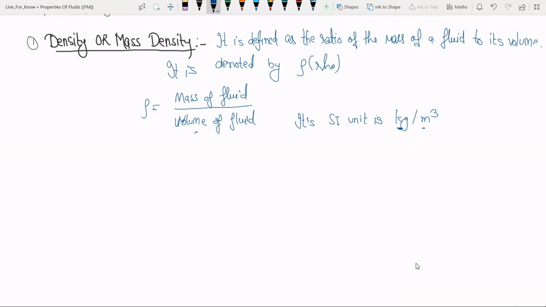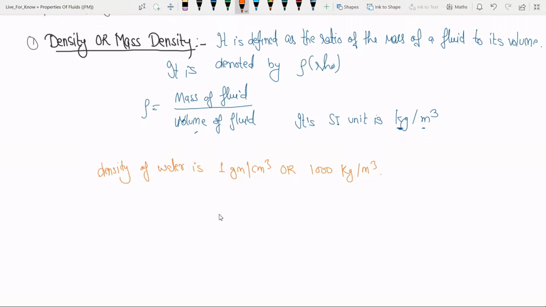The density of water is 1 gram per centimeter cube or 1000 kilogram per meter cube.